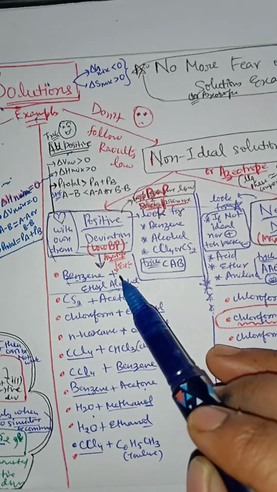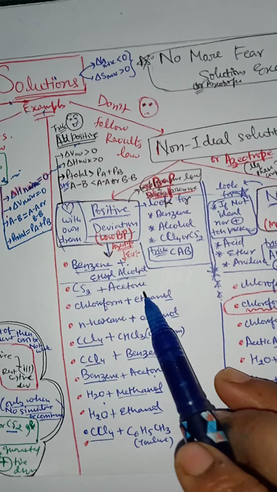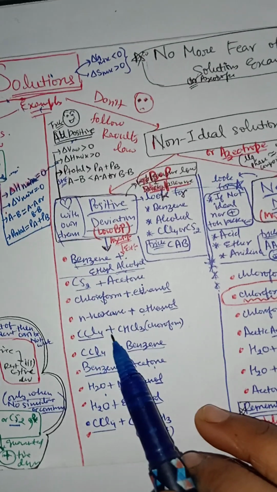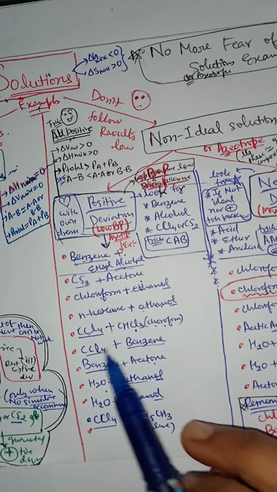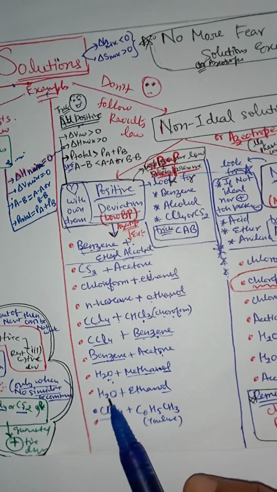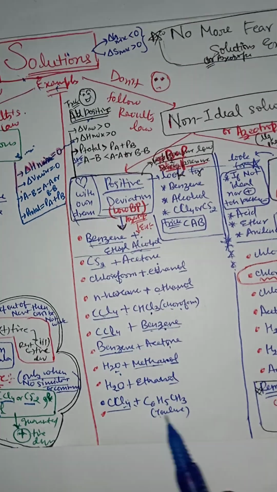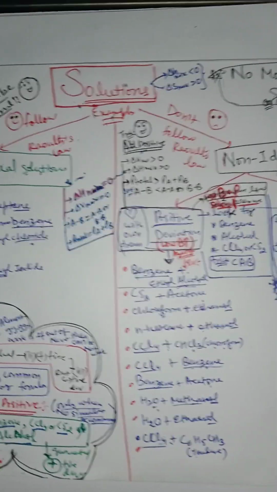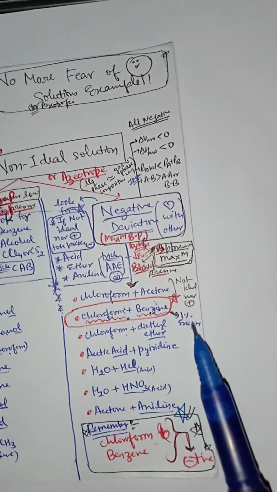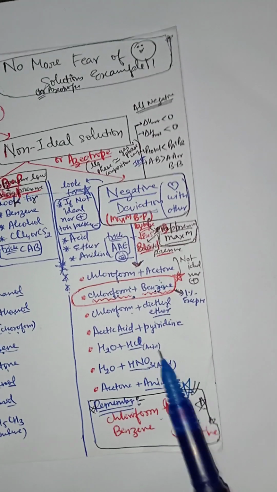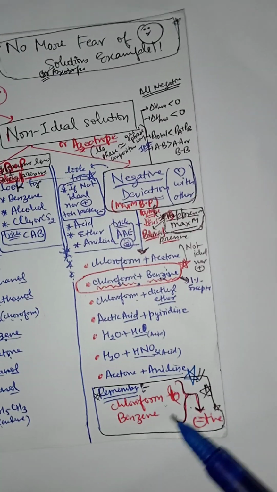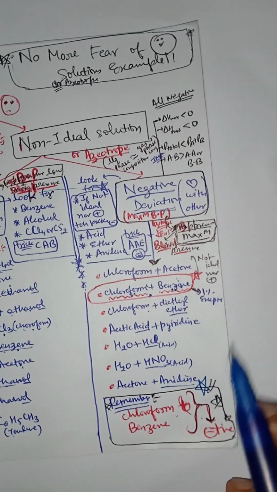Now benzene plus ethyl alcohol, CS2 plus acetone, chloroform plus ethanol, n-hexane plus ethanol, CCl4 plus chloroform, CCl4 plus benzene, benzene plus acetone, H2O plus methanol, H2O plus ethanol, CCl4 plus toluene. So the exception which I have been telling you about is this one: chloroform plus benzene shows negative deviation. This is the only exception you need to remember, because there is a high chance it will come in the question.